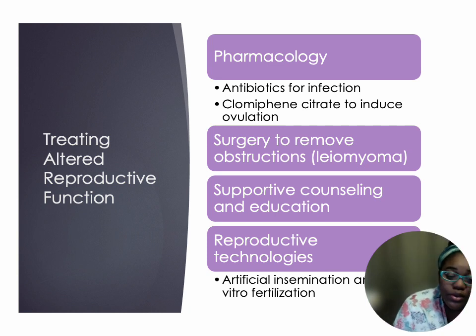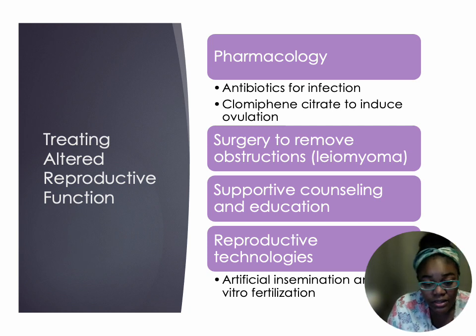You may need supportive counseling and education because infertility is a sensitive topic, and sometimes in tandem with therapy, whether therapy is successful or unsuccessful, it's good to have supportive counseling to help those clients through those situations. Also helping to educate the client in what to expect and what not to expect will help with the mental state and in dealing with the psychological issues that come with infertility.